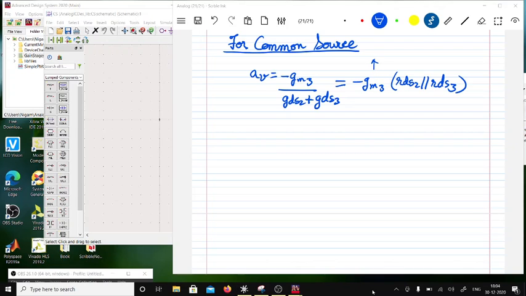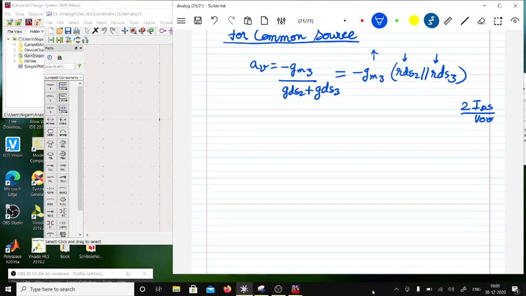Now if the GM goes up, RDS will go down. GM is basically twice IDS by V overdrive. So if you take GM up by increasing IDS, RDS is going to go down, as we have discussed earlier.